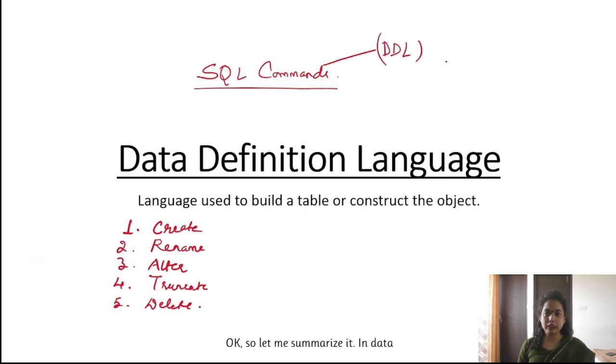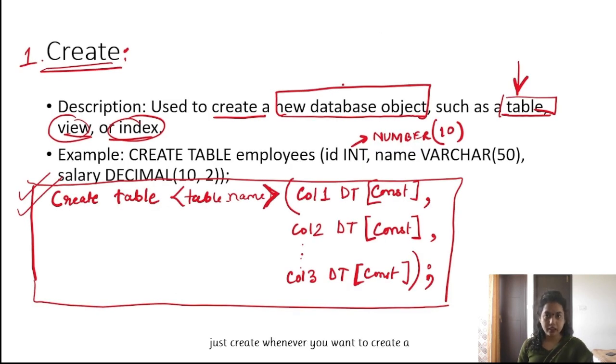Okay, so let me summarize it. In data definition language, we have 5 statements: create, rename, alter, truncate, delete. Sorry, pardon me, delete is not a DDL statement. Drop it is, right. Sorry, pardon me. First is create. Whenever we want to create a new database object like a table, we'll go with the create statement.